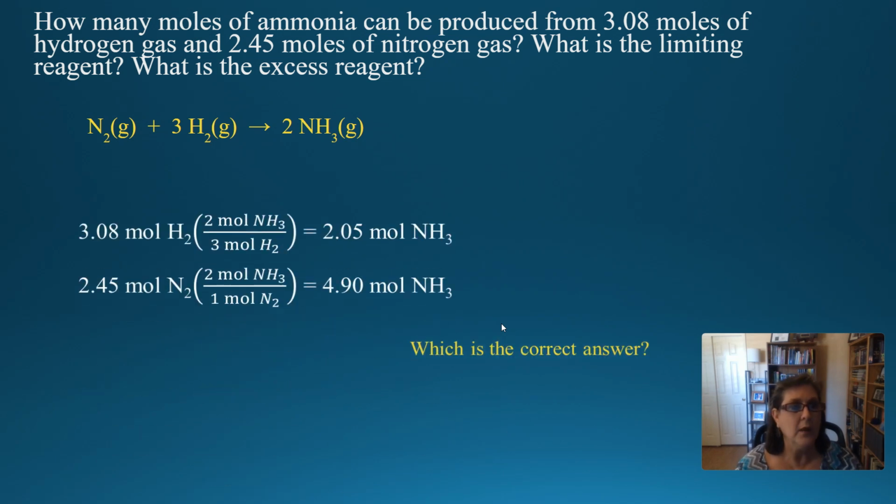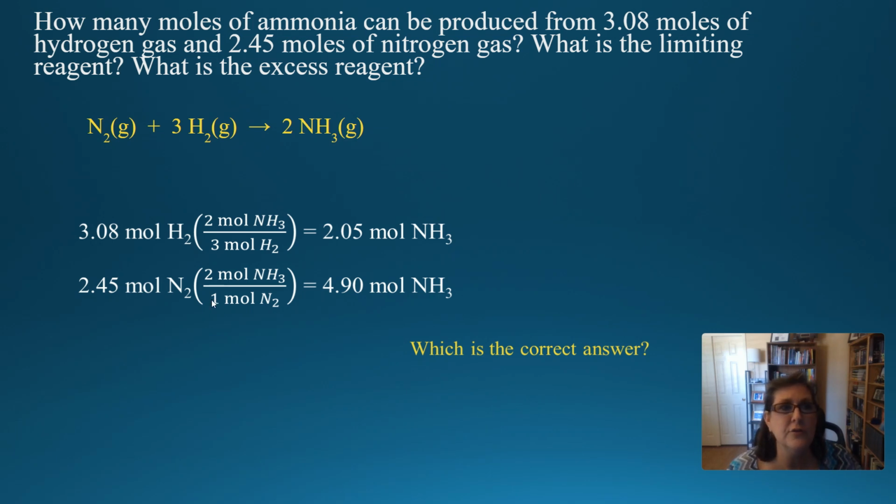Here we go. 3.08 moles of hydrogen, and then our mole ratio is 2 moles of ammonia to 3 moles of hydrogen. Again, that's from the balanced reaction. We can make 2 ammonias when we have 3 moles of hydrogen, so it's a 2 to 3 mole ratio. Moles of hydrogen cancel out. We get moles of ammonia, and it's 2.05 moles based on the hydrogen.